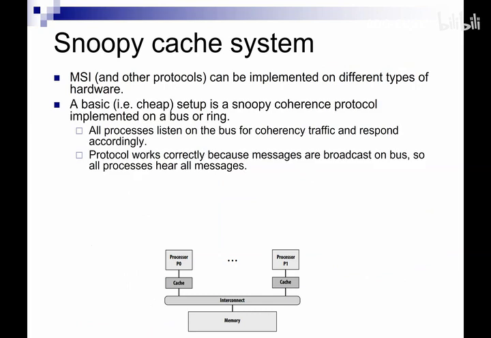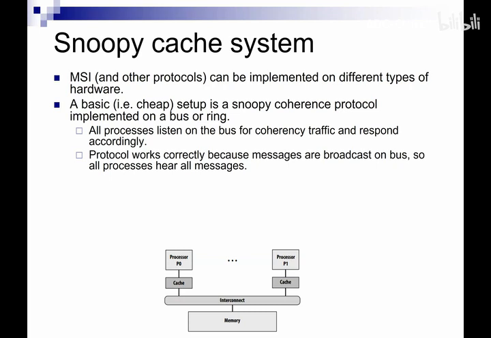The Snoopy cache is usually set up on either a bus or a ring, and the reason we do that is so that all of the processors are connected to this bus or ring. Any message that gets sent on the bus will be heard by all of the other processors.